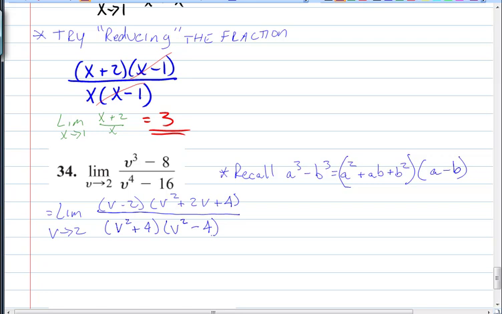Do I have anything in common? Do I have any that'll cancel? No. Do I have anything that I can factor further? Yes. This is the difference of two squares, which will factor further and then cancel with one of these factors here.